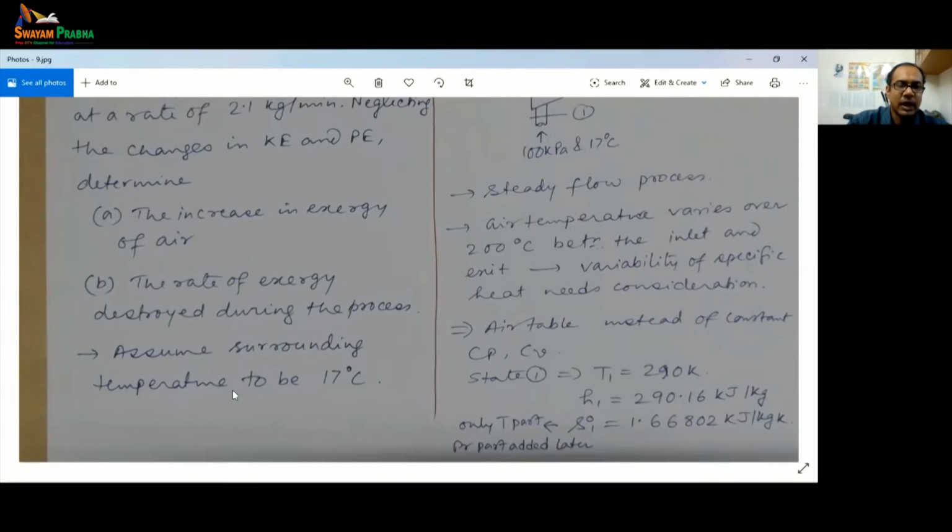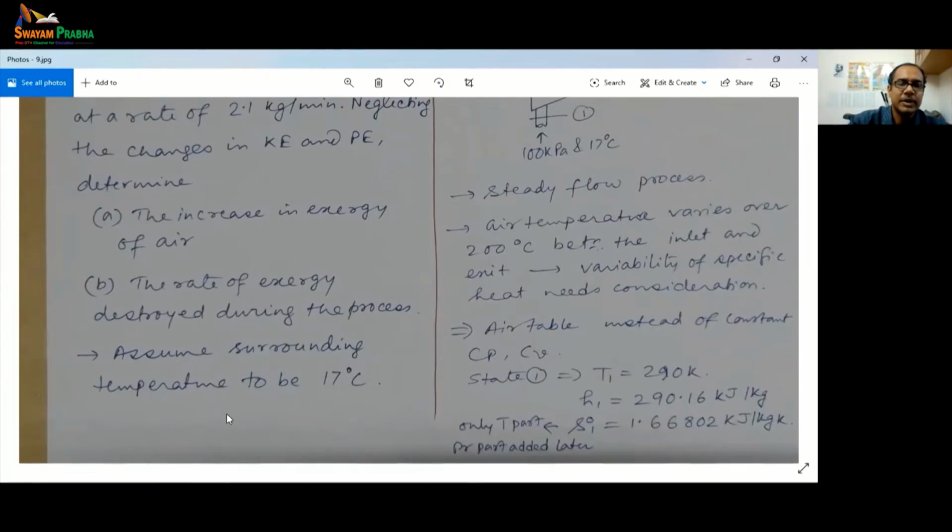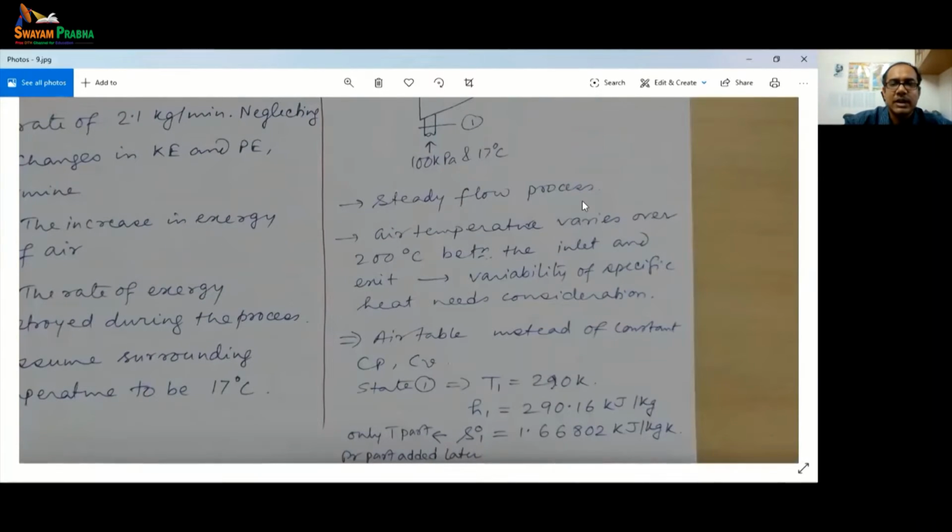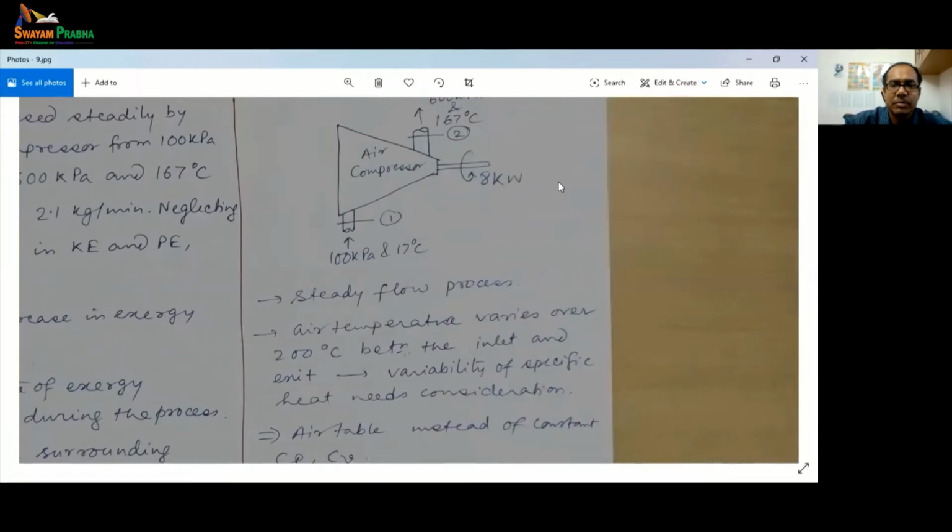Another thing given is the temperature of the surroundings, 17 degrees centigrade. As exergy itself requires the surrounding condition, it's a joint or combined property of the system and the surroundings. That is why you require the surrounding temperature as well.